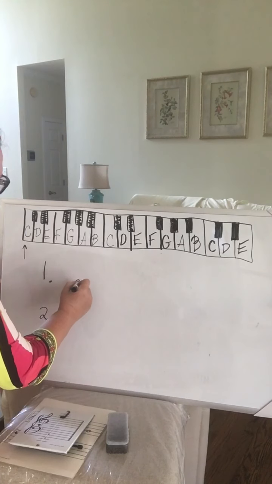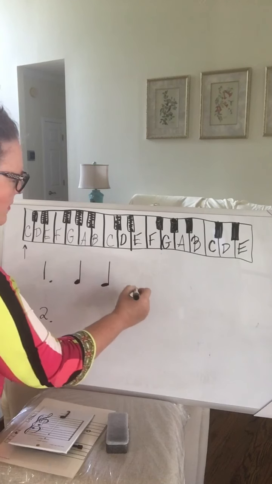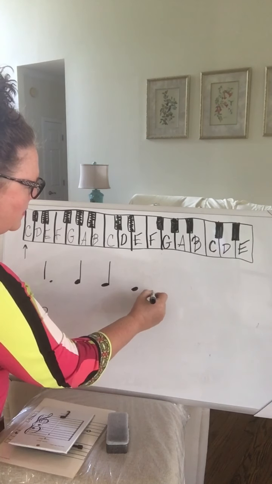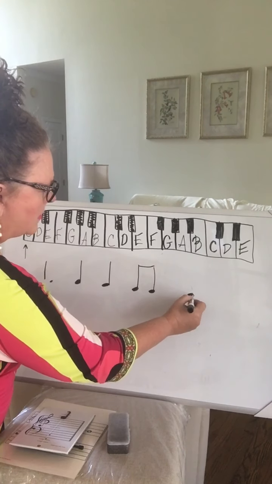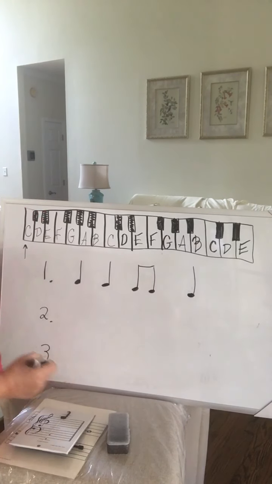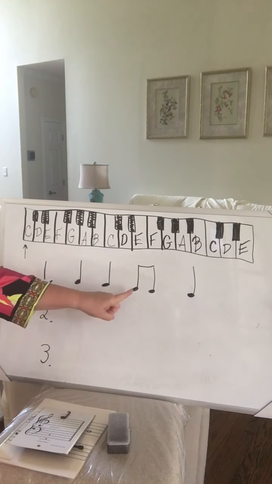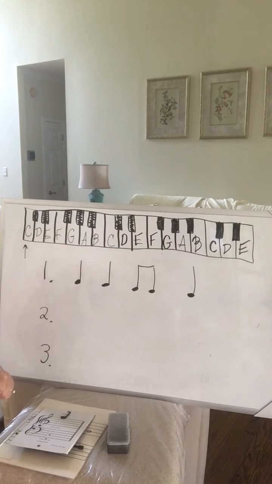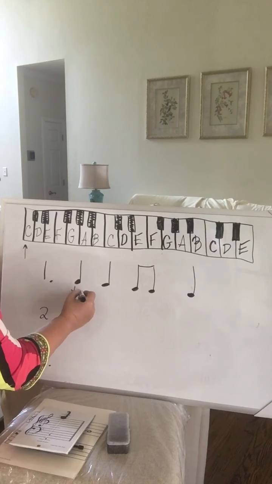Our first one goes like this. Okay? So if we're going to use ta and tt, this would be ta, the quarter note, and this would be tt, the 2 eighth notes. So our rhythm pattern would sound like this.